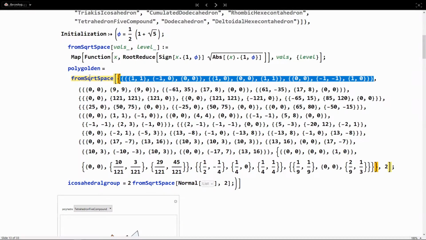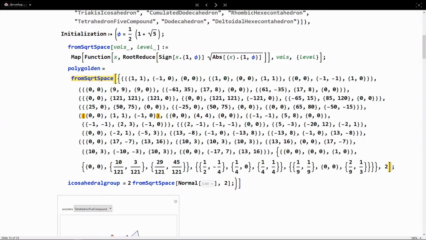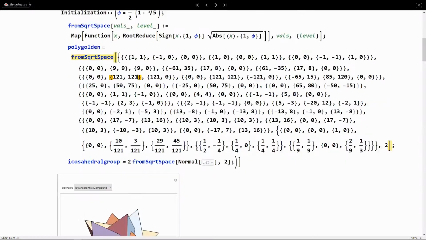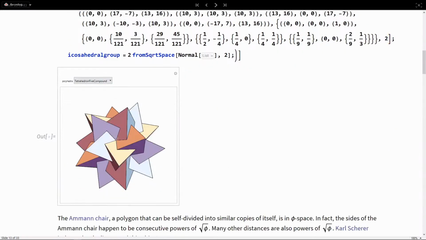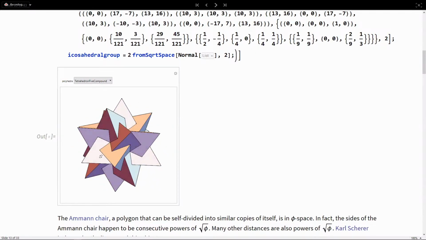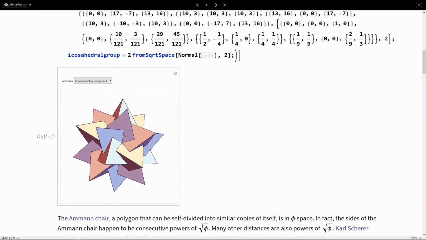I'm using square root space here. These are all of the values needed for this demonstration, and they're all nice rational numbers. We basically go back and forth to square root space, which is this simple function here, and you get things like this. This is just basically a usage of properties of the golden ratio.